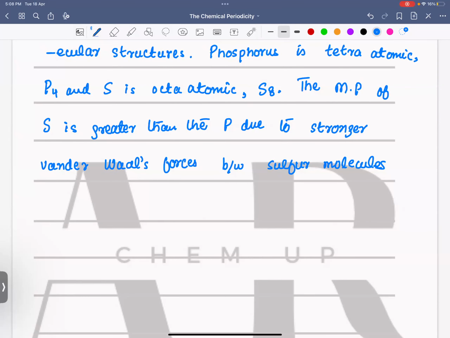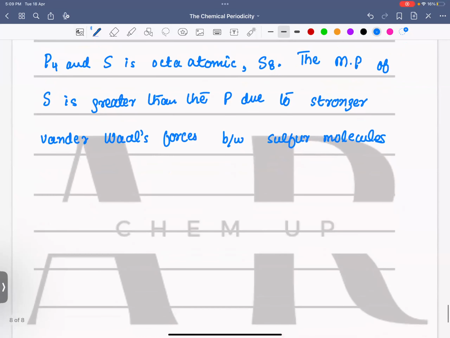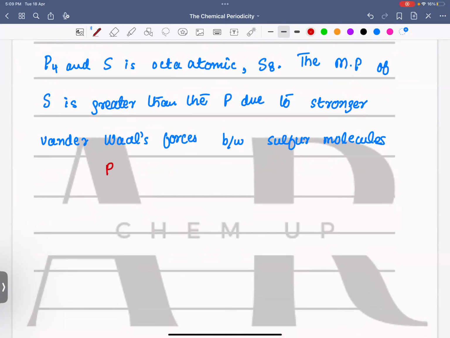Just give me a minute. Okay. So if we compare the structure, let's recall phosphorus is 15 and sulfur is 16. So phosphorus exists as P4 and sulfur exists as S8.